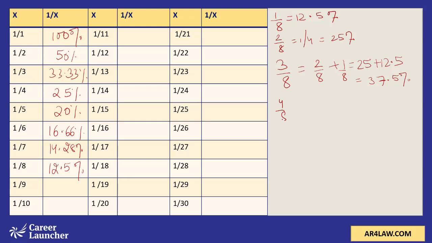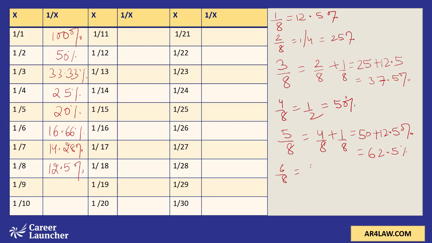4 by 8 is half, 50%. 5 by 8 can be derived from 4 by 8. It's gonna be 50 plus 12.5%. It would be 62.5%. 6 by 8 is nothing but 3/4, which is nothing but 75%.